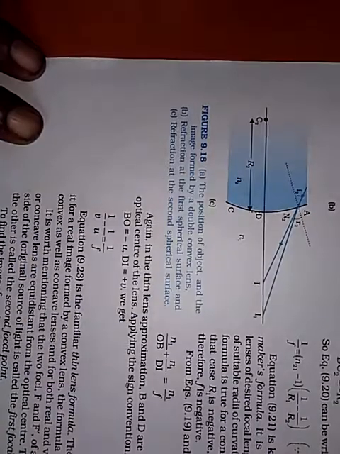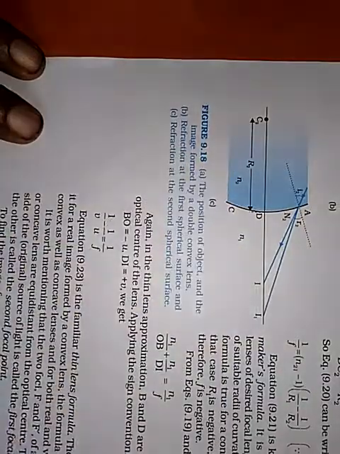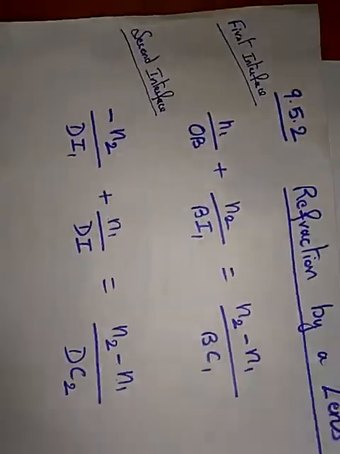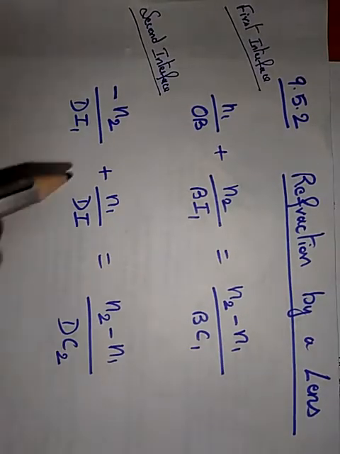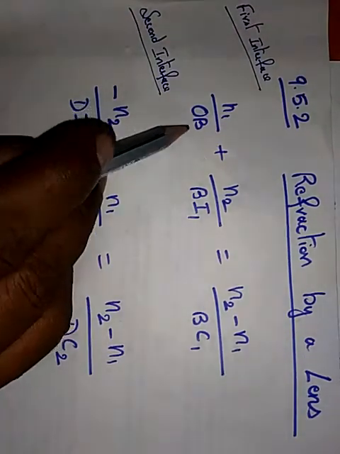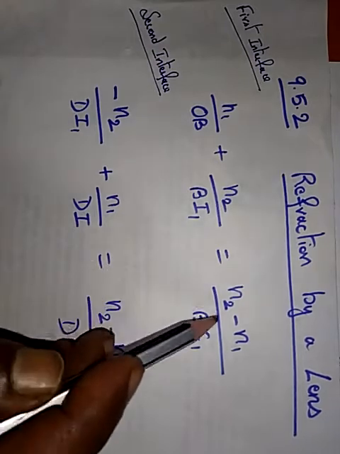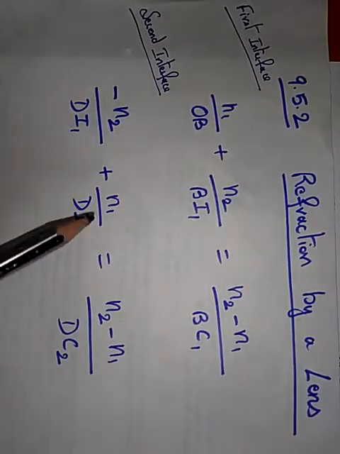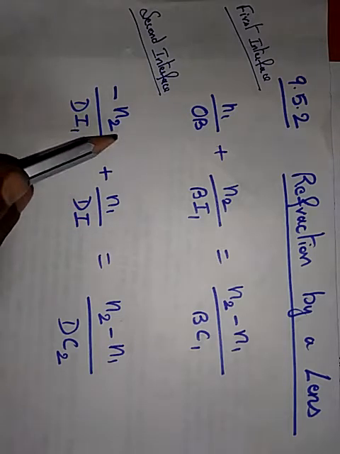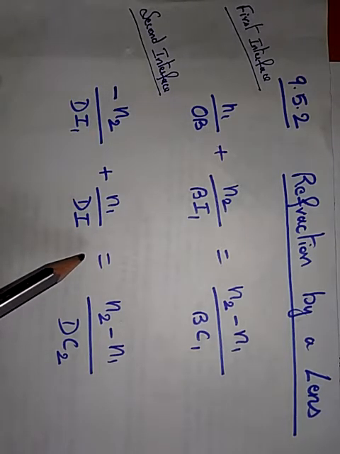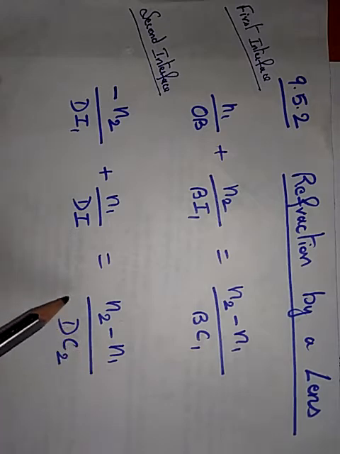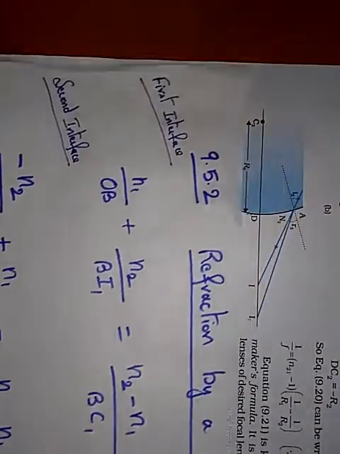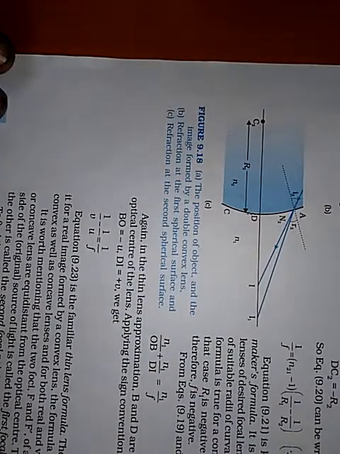So DC2 is here. Once again we apply the same formula. So for the first interface we have n1 by OB plus n2 by BI1 is equal to n2 minus n1 divided by BC1, and for the second interface n1 by DI minus n2 by DI1 is equal to n2 minus n1 divided by DC2.